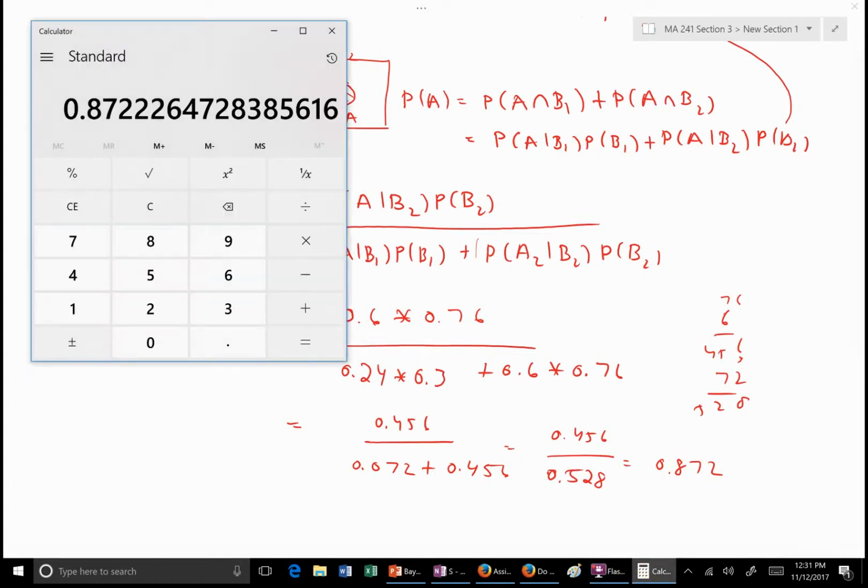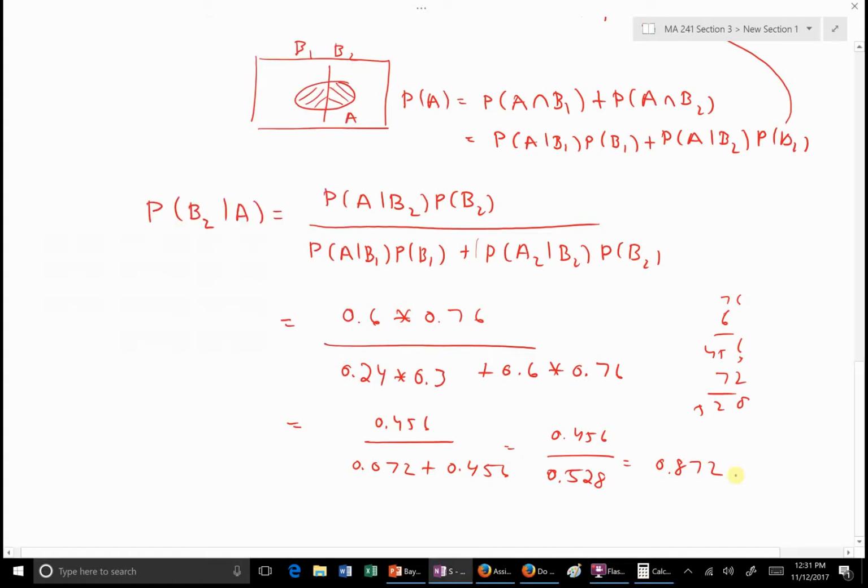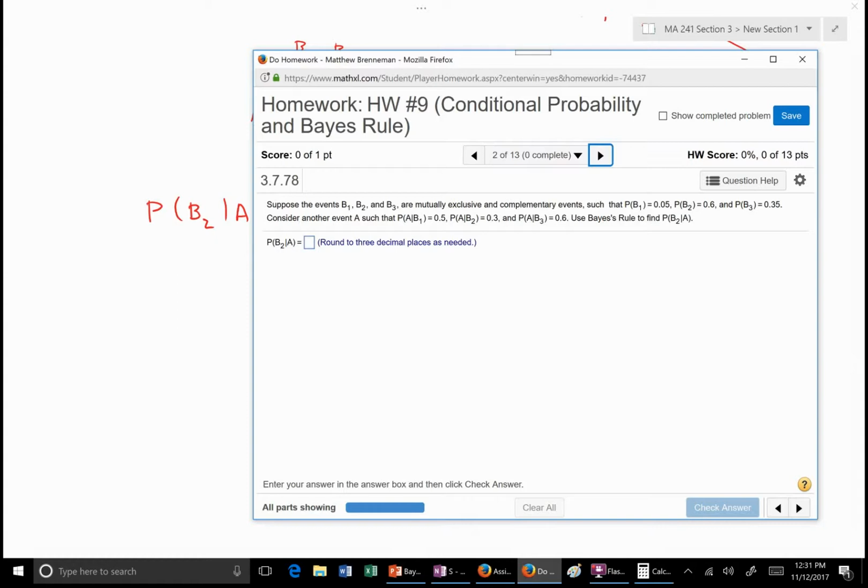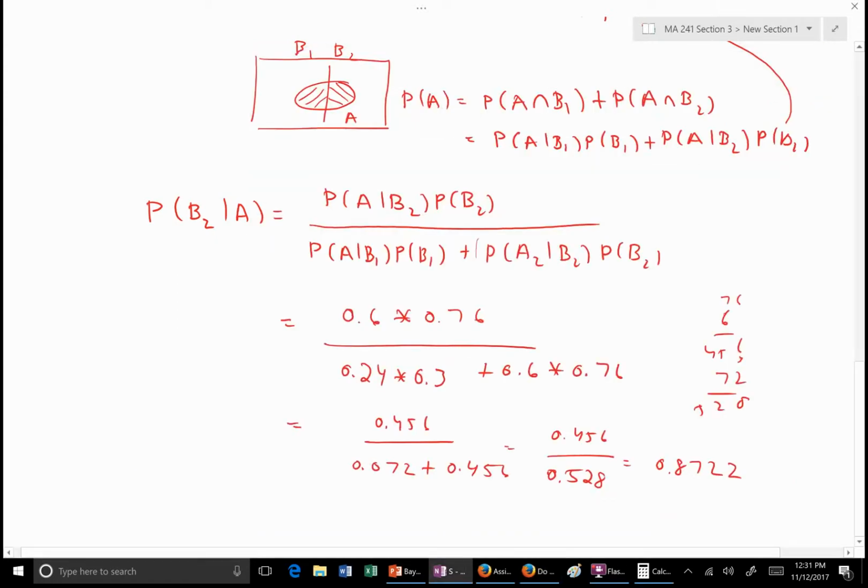Usually we write probabilities out to 4 decimal places, so I'll write it like this. And that's my answer. So these sorts of problems are kind of fun to work once you get the hang of it. Okay, but that's one of the ways that we use Bayes' rule.